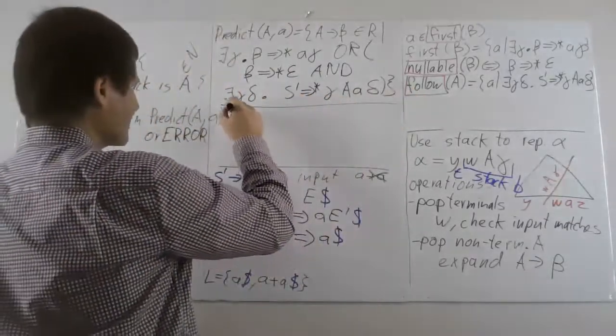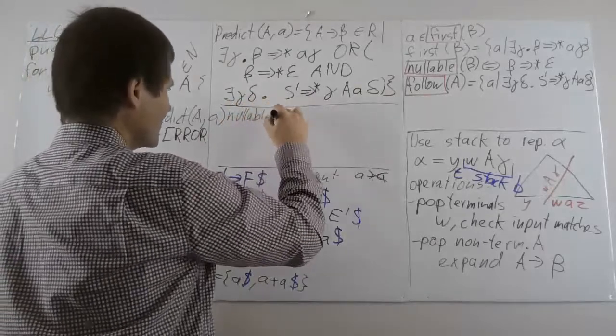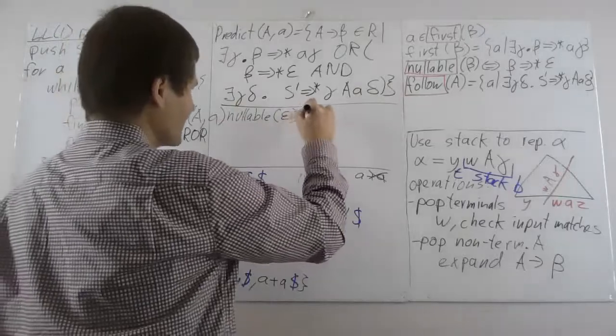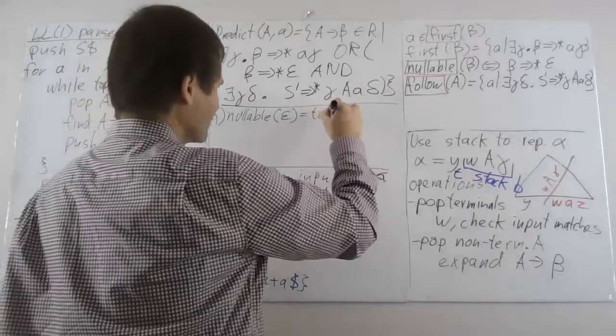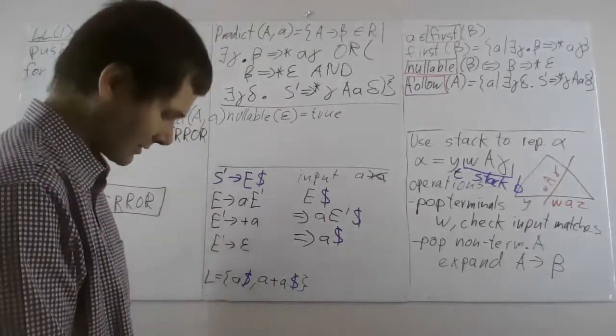Well, nullable of the empty string, that's easy. It's true. The empty string does derive the empty string because it already is the empty string.